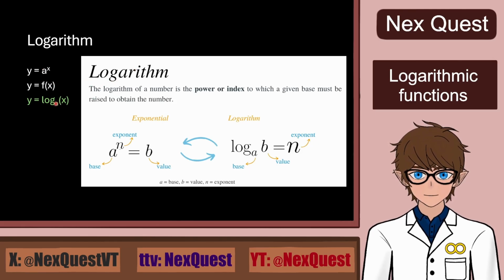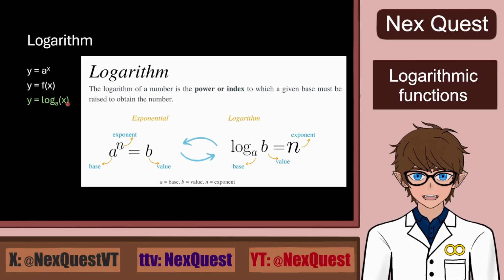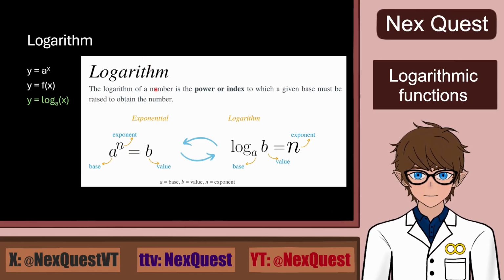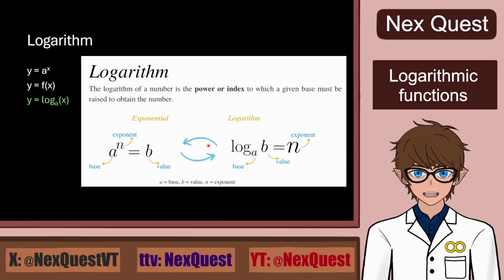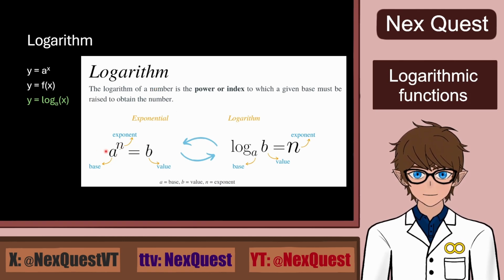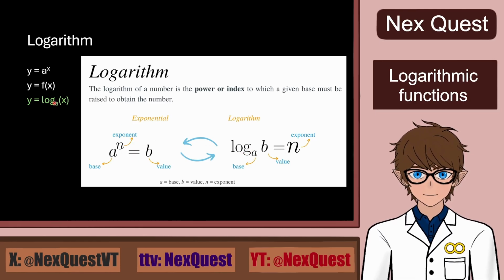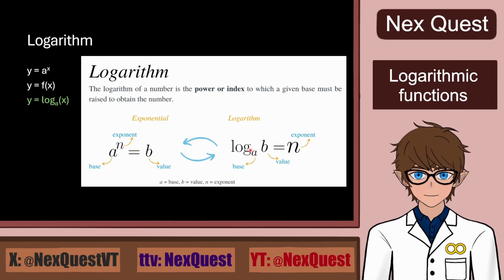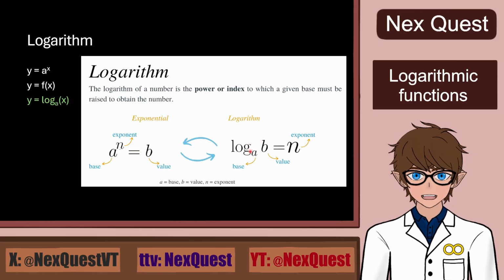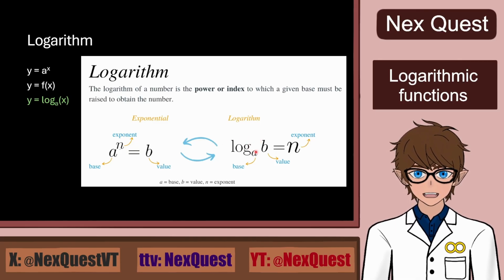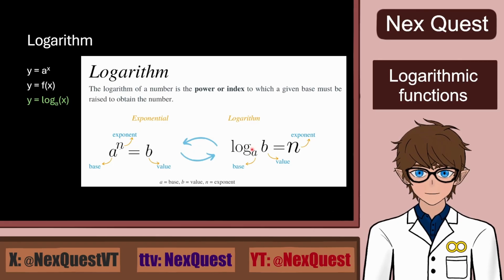We put it here. Here is a screenshot from storyofmathematics.com, which gives us a very handy explanation of what each part is and how conversion works. We see that the base a is written in the subscript right after the log, and x, aka b, the value or result of the exponent equation, is written in the brackets of the log function.